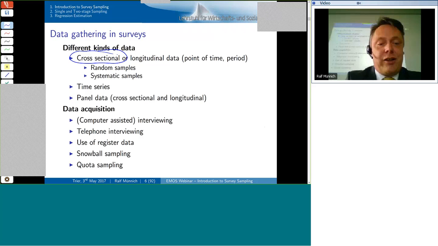That's an advanced lecture. In data acquisition, we have a lot of different things, but I think we will tackle the sampling schemes directly. You see, we also have snowball sampling and quota sampling, and I will try to consider that a little bit later. The difficulty is that these are non-random samples, and we are certainly interested in inference on statistics, so that we can somehow measure the impact or the outcome.